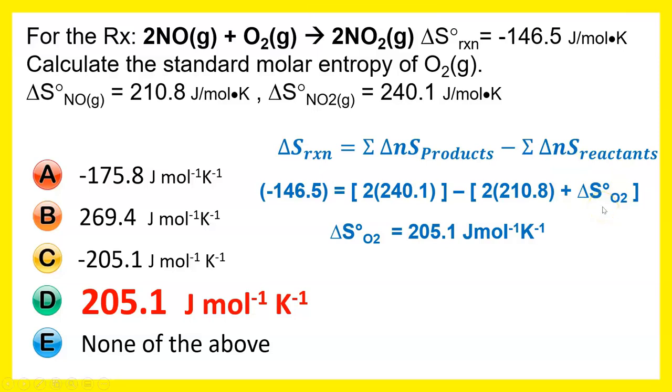Now, one thing that you may notice a lot, which is super annoying, but I can't really fix it, is that we will often see that entropy has the units of joules per Kelvin, and then sometimes like this problem, you're going to see joules per mole Kelvin. And it's a little bit hard to explain why. It has to do with some of the standard practices for how we calculate these.